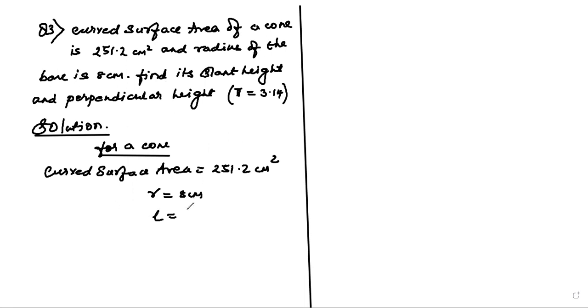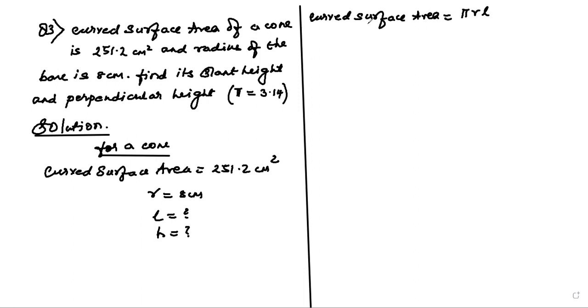We don't know l, and we don't know h either. And pi's value, you can take it as 3.14. So how you start, children? Very simple. Curved surface area is given to us, and there is a formula. So I told you there's a hint, use this formula. Curved surface area is equal to pi r l.